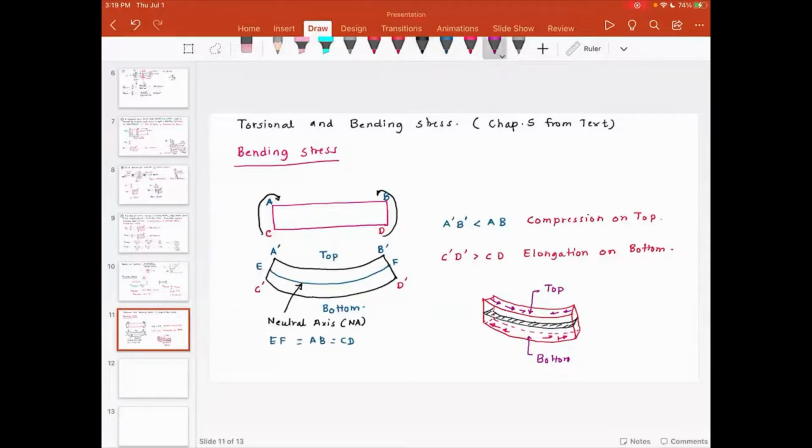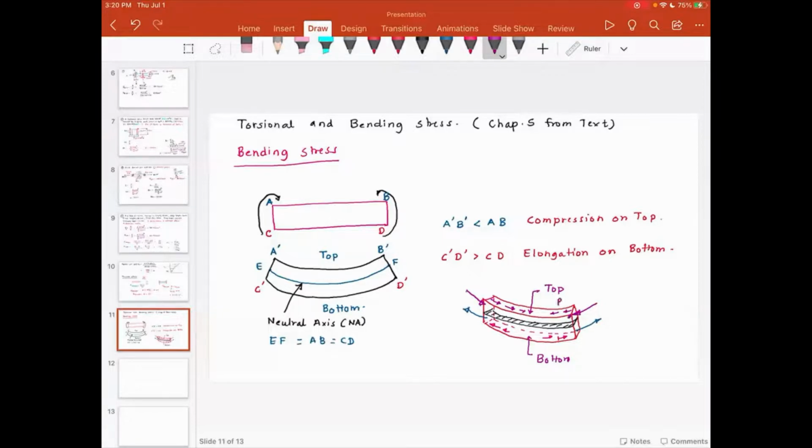So if you look at the load on the top of the neutral axis, it is like this. If you look at the load at the bottom of the neutral axis, it looks like this. What I want you to do is look at the cross section. I'm going to show it as PQRS.